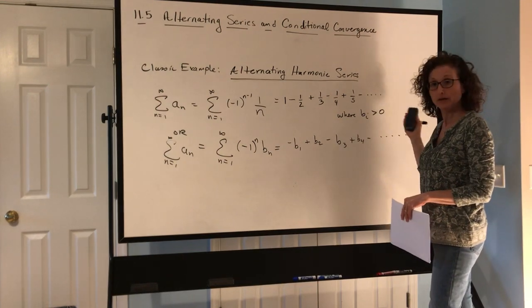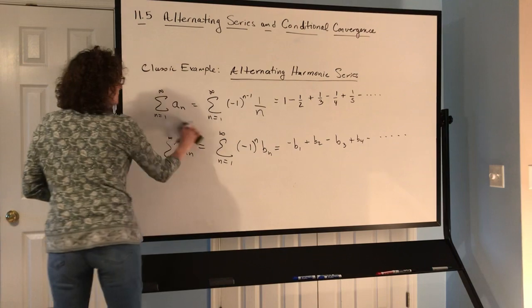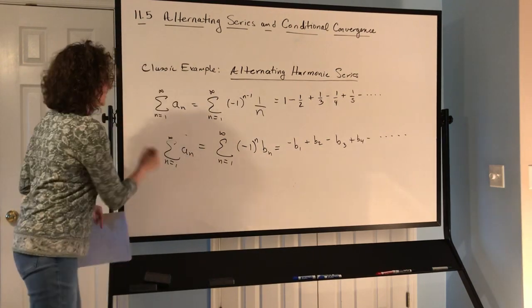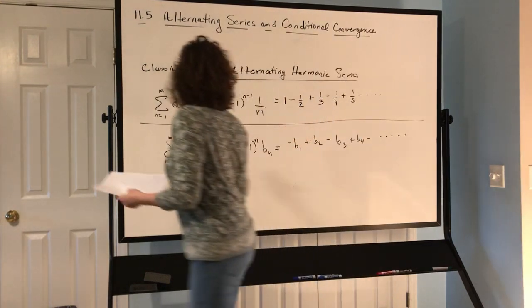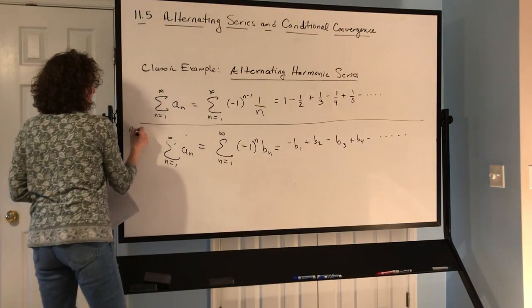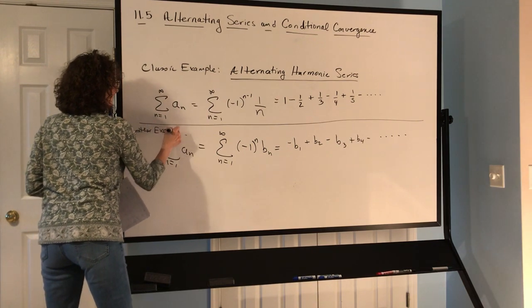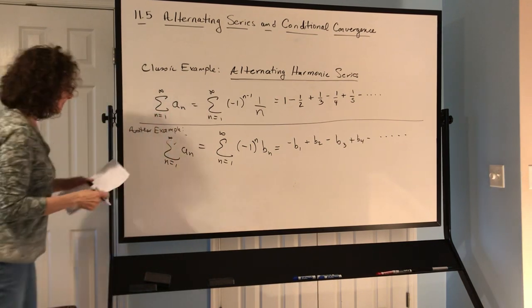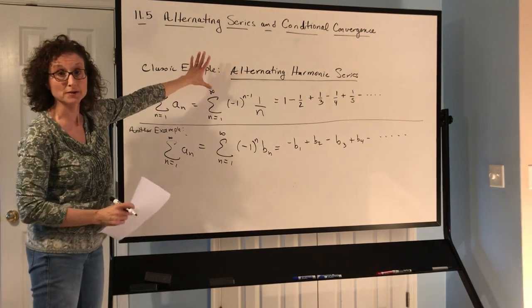Those are all positive, right? So that's an example of an alternating series. What's another example of an alternating series? Now, we haven't said whether or not this converges or diverges. We just said it's an alternating series.